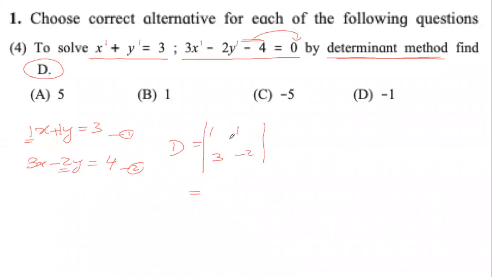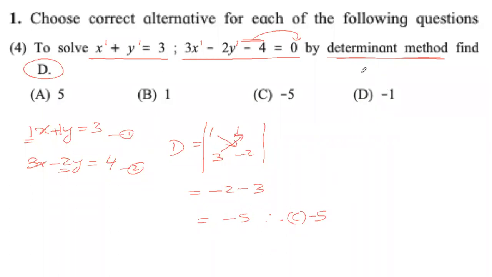Now we can solve. 1 into minus 2 is minus 2, then minus 3 into 1 is 3. Minus 2 minus 3 is minus 5. Therefore, the correct answer is C, minus 5. Your answer should have this much information written.